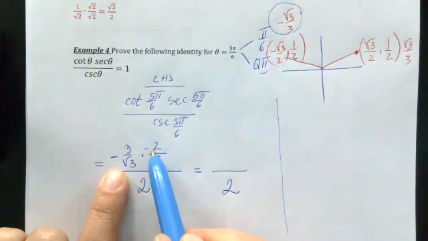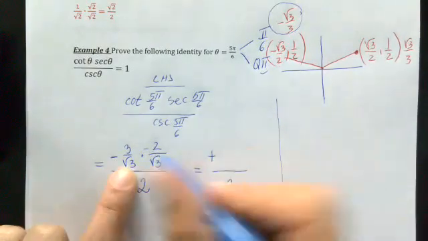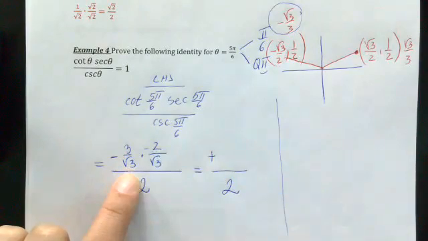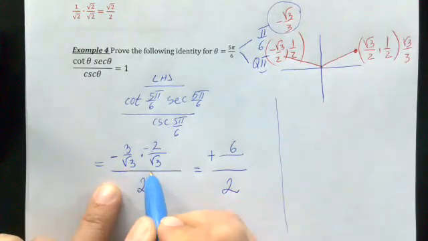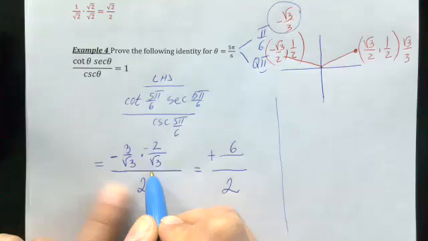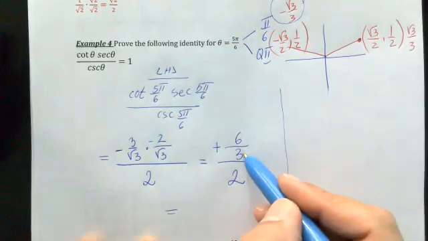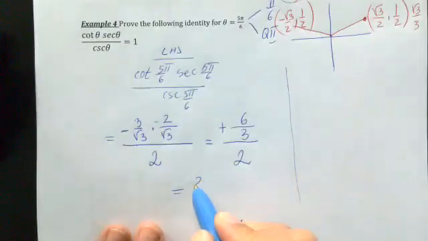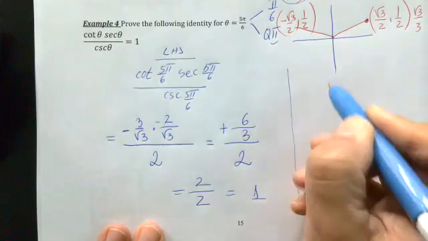Negative times a negative is a positive, right? 3 times 2 is 6. Square root of 3 times square root of 3 is 3. So at the top, we have 6 divided by 3, which is 2, and then divide by 2, which is 1.